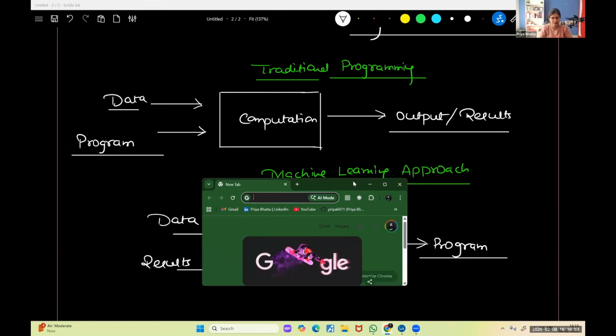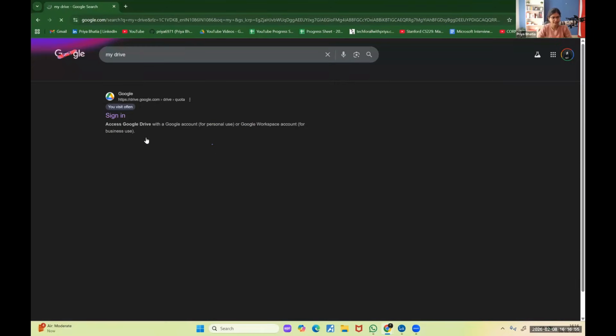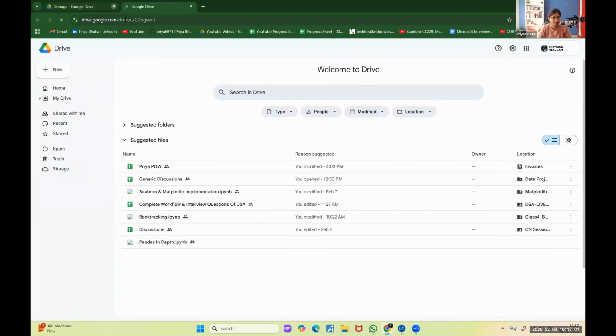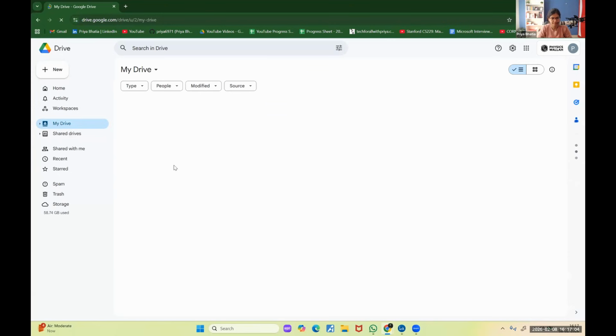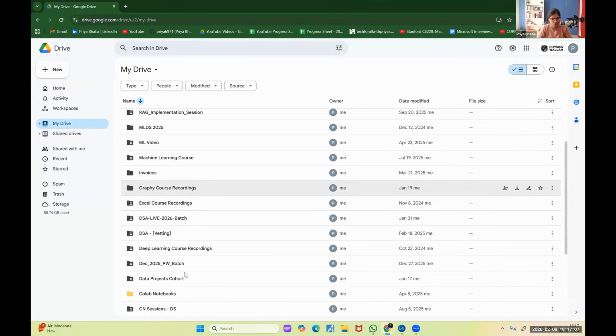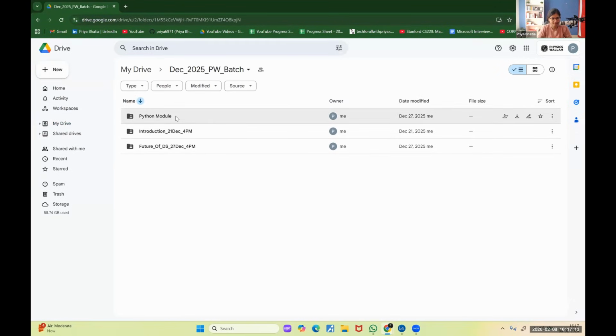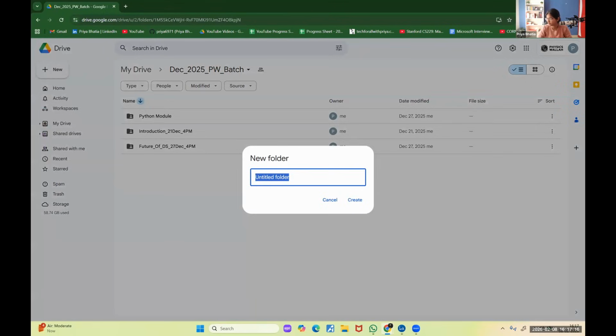If I try to give you a formal difference between these two, let me first of all create one folder for today. So this is a separate module we have, and we can rename this module as Data Science and ML Lifecycle.